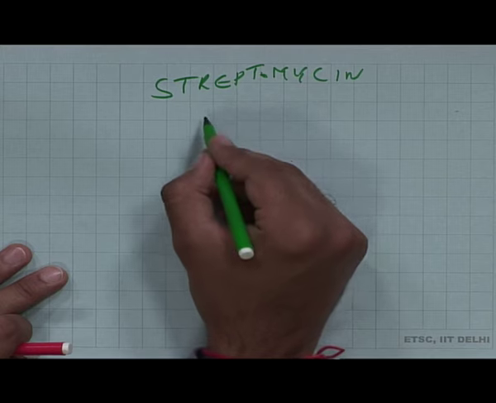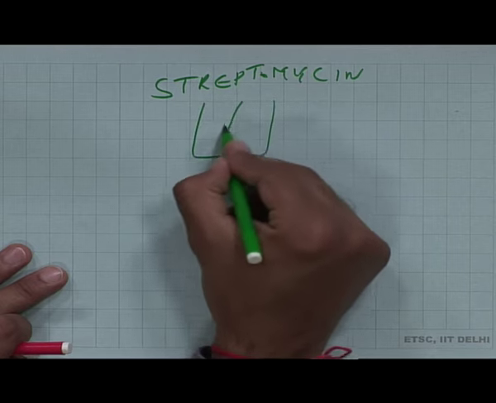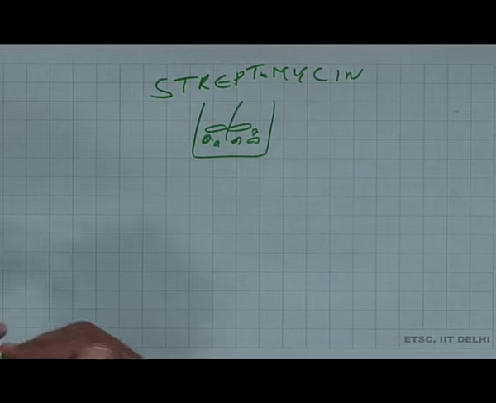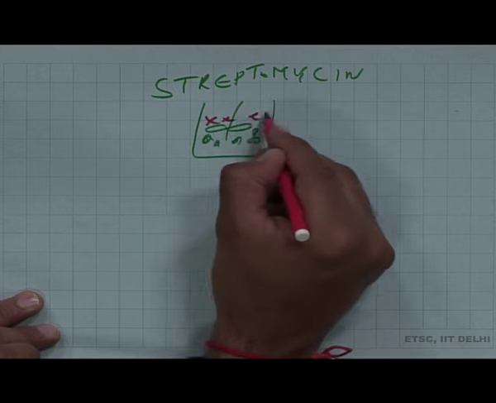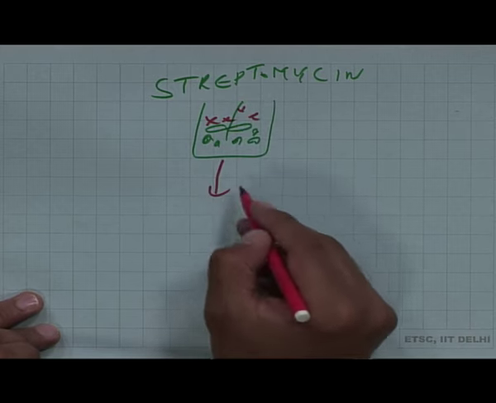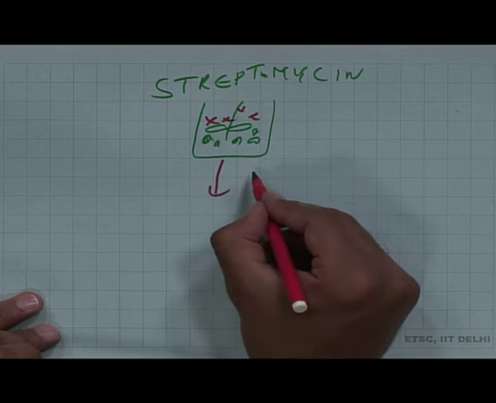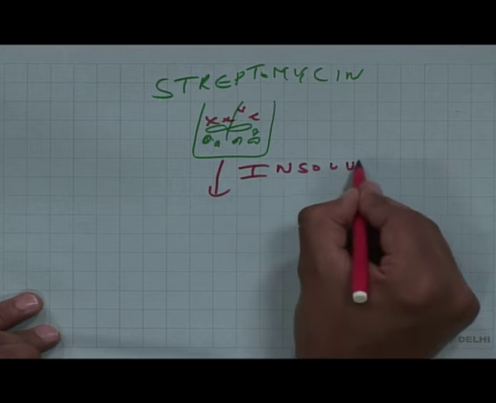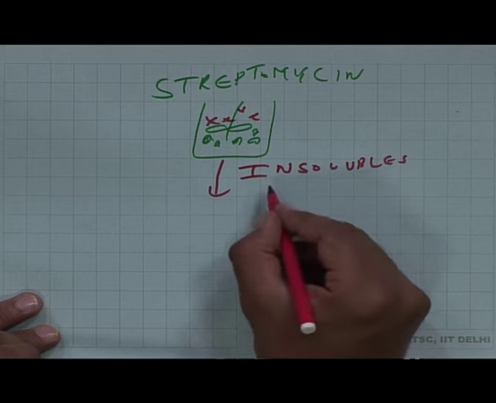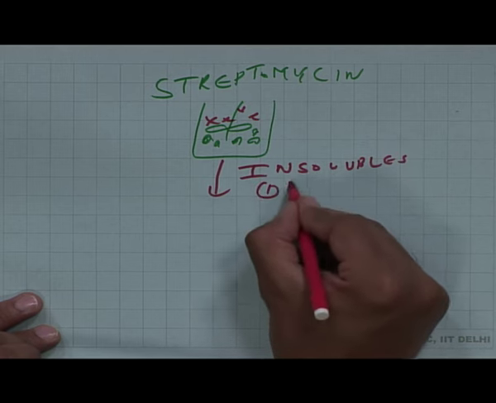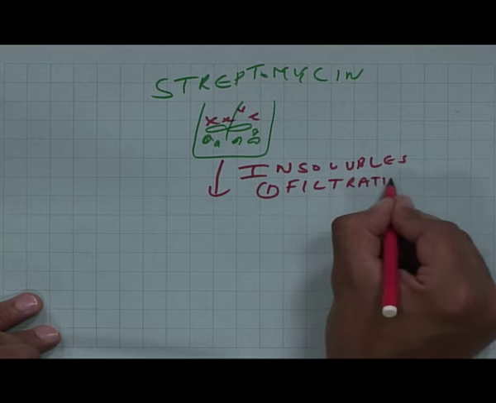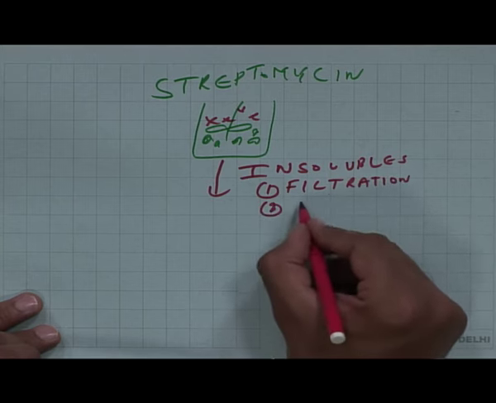As I said, this is your cells, while your antibiotic is outside. So, we have to remove the insolubles. How do we remove the insolubles? We remove the insolubles by filtration or centrifugation.